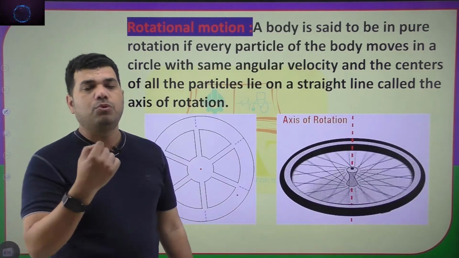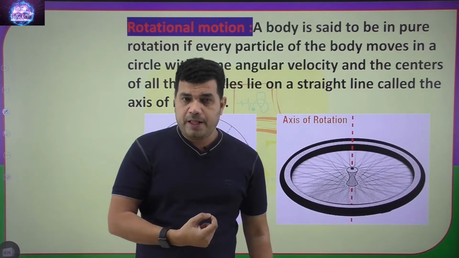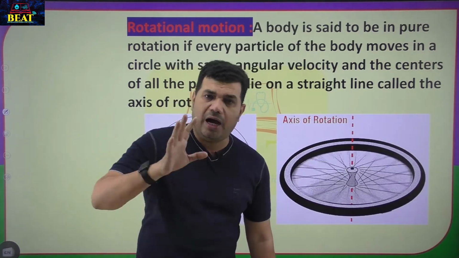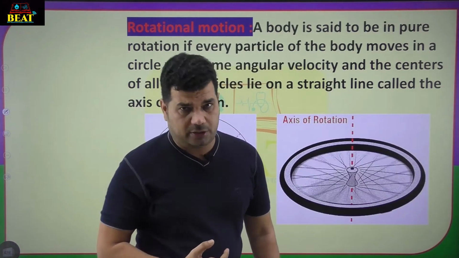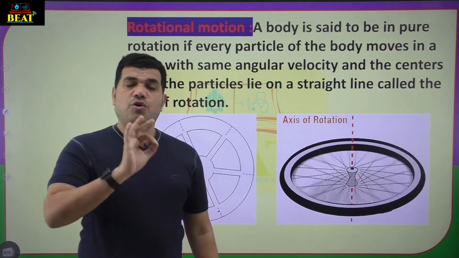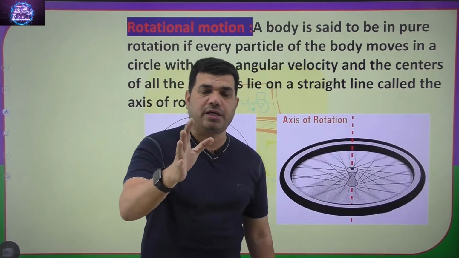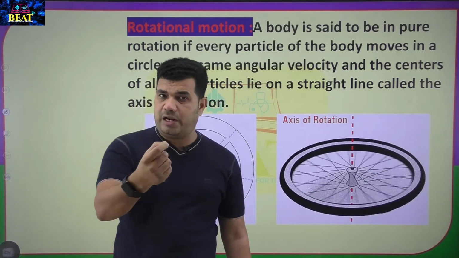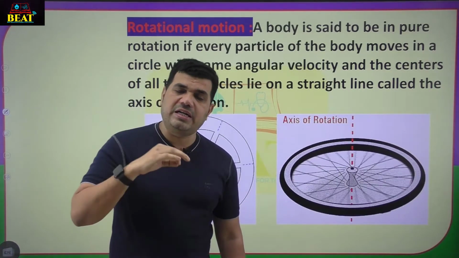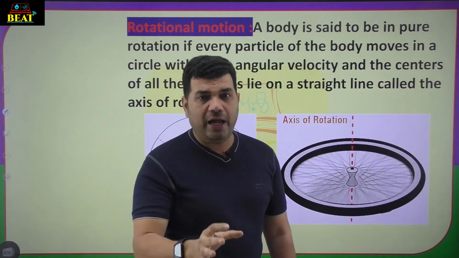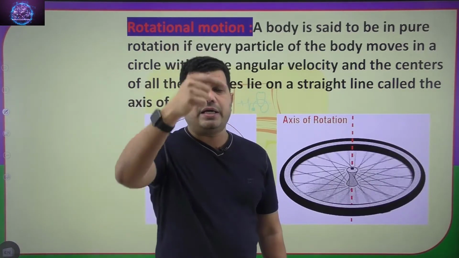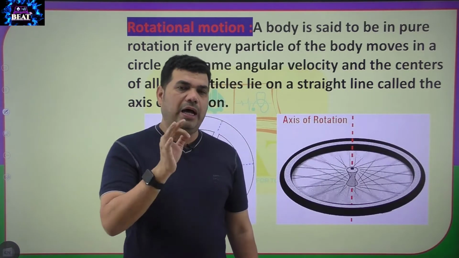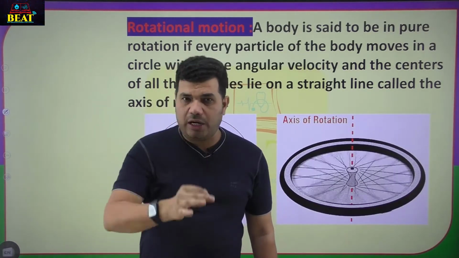If a body moves in such a way that all the particles of that body are moving on a circular path with different radius, but all the circular paths may be concentric or definitely will lie on a same straight line. All the centers of those circles must lie on a same straight line.